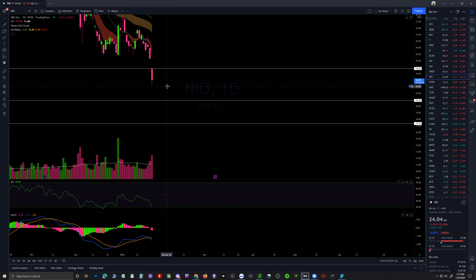Let's put this line here and make it a dotted line so that we know it's our strike price. All right. So let's say we purchase a contract that expires on February 11th.